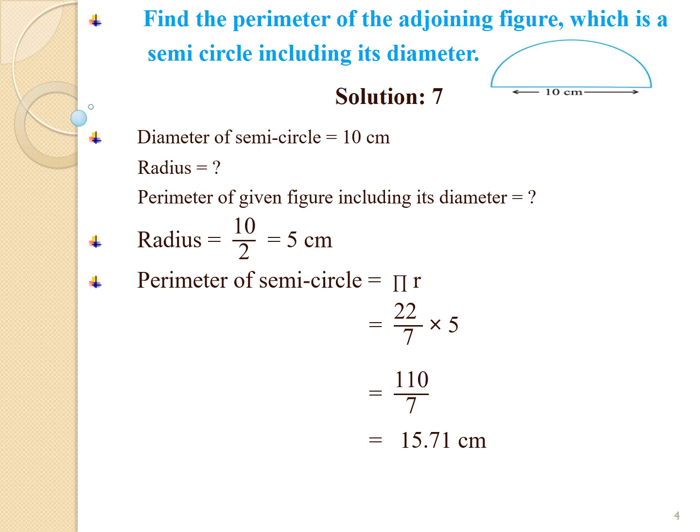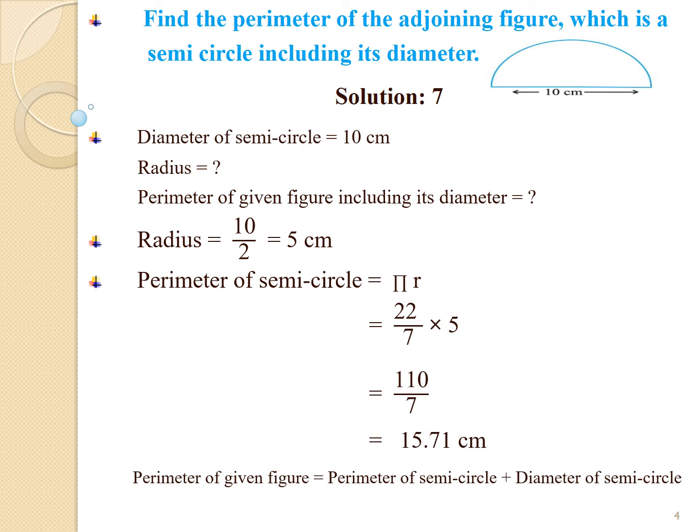Now, let us find the perimeter of given figure including its diameter. We know that perimeter of given figure equals perimeter of semicircle plus diameter of semicircle.